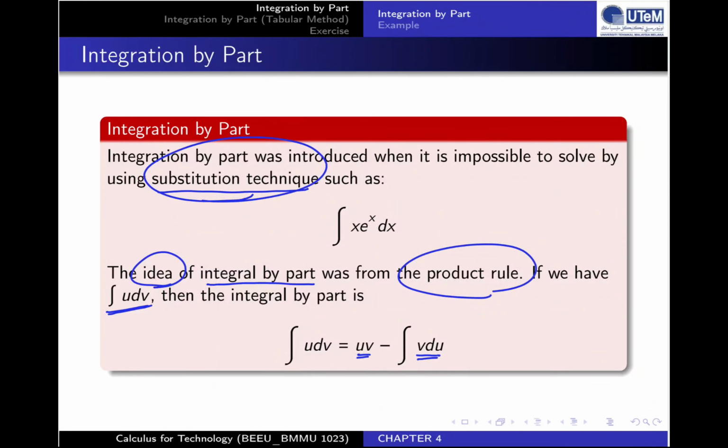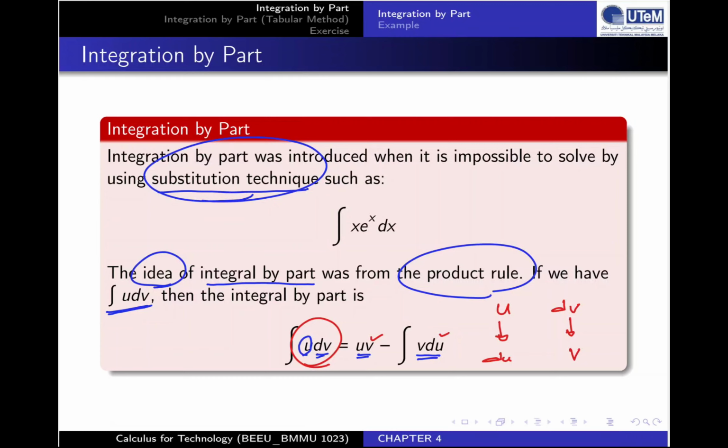So in this case, you have u and dv, but you need to find first what is v and then what is du. From u we can find du, and from dv we can find v.